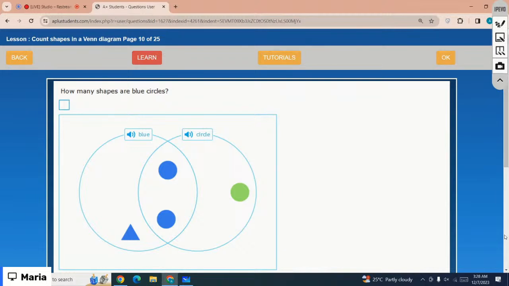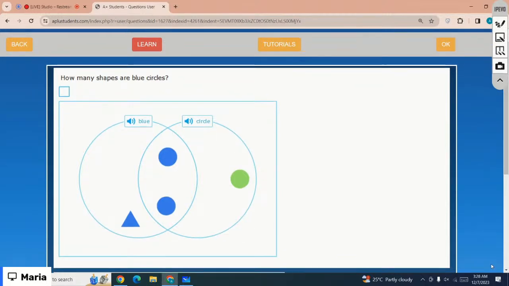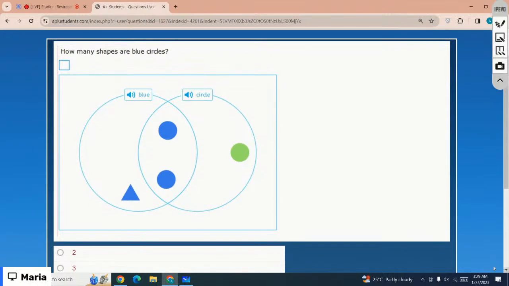Yes, two of them are blue and circles as well. So the correct option is two, right? Okay, you can complete the lesson by yourself later today.